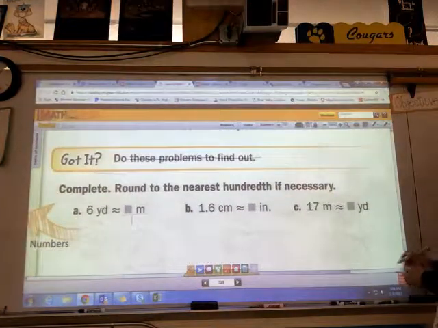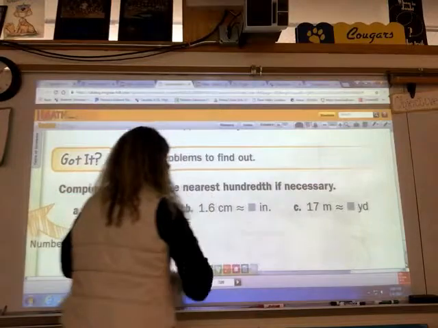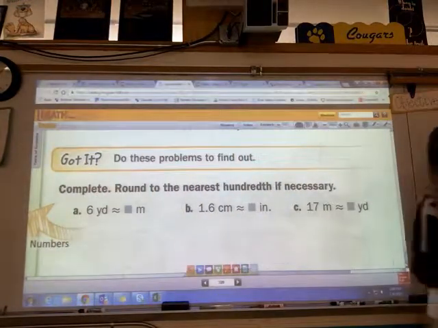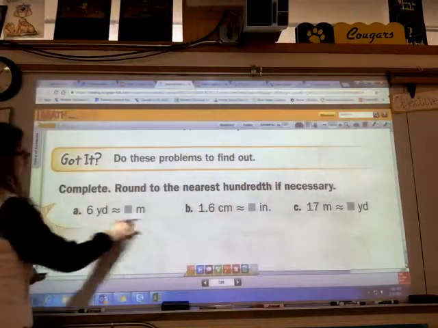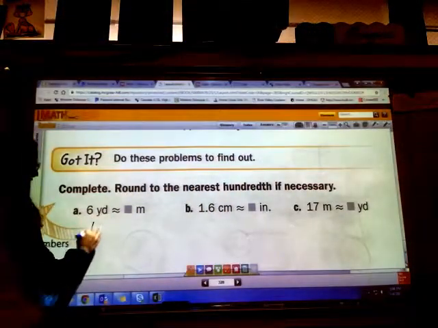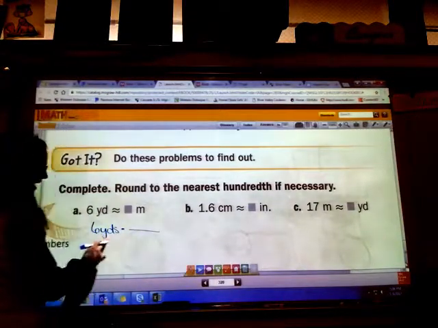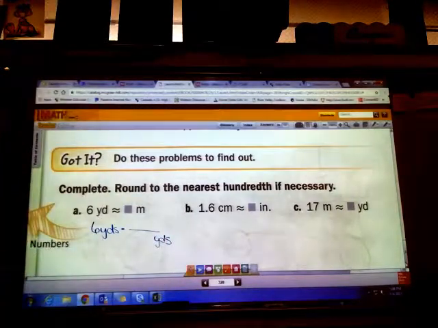Let's go ahead and take a look at A, B, and C together here. Okay, so as we take a look at the first one, I'm going to set it up, use what you know, so I've got 6 yards times what I have here needs to go on the bottom. Okay, what I have there needs to go on the bottom.